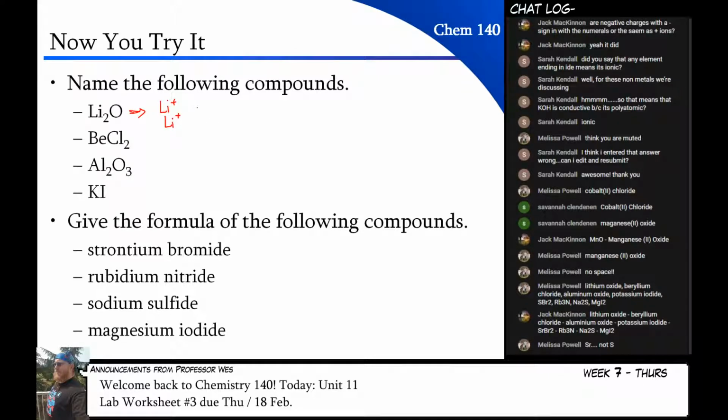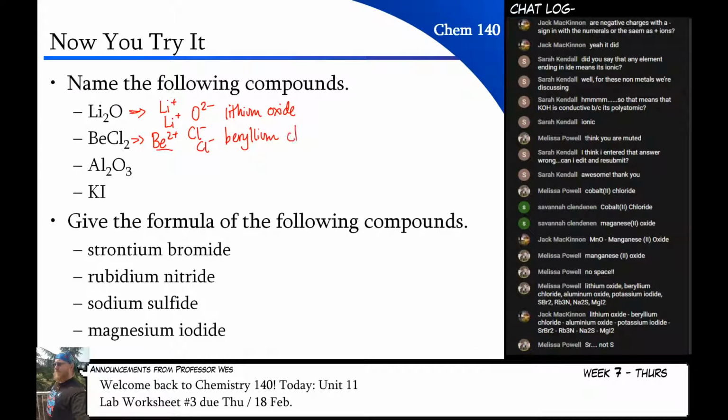That's lithium, and that's oxide. So this is lithium oxide. It's just good habit to split all of your ions from your compound to work towards the name. So for the second one here are my ions. This is beryllium.